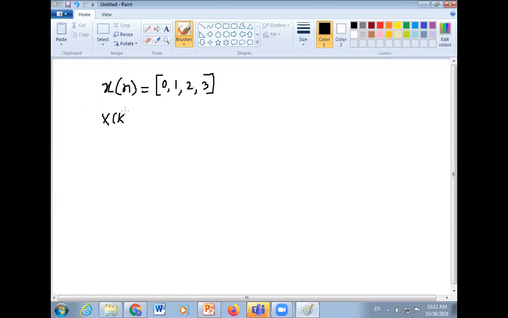What was the answer? 6, minus 2 plus 2j, then minus 2, then minus 2 minus 2j. So this is the answer we have calculated with the matrix method.